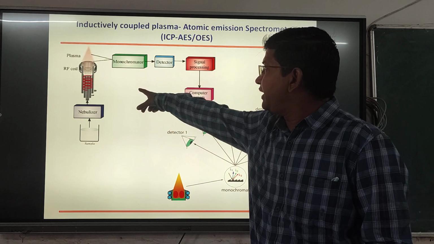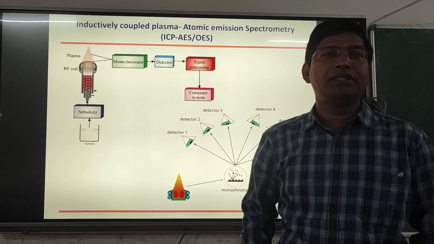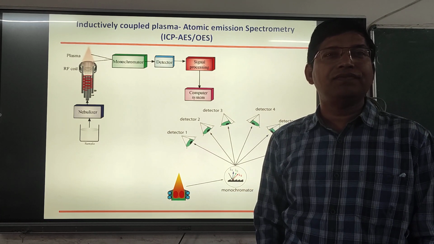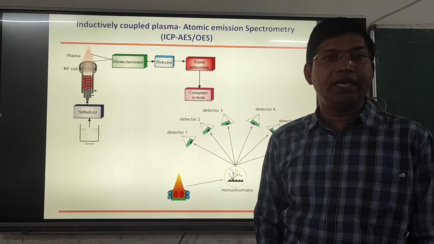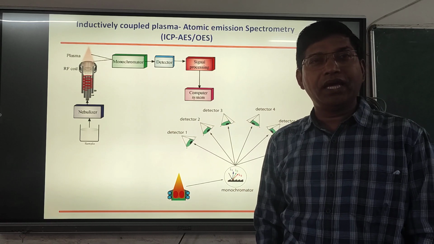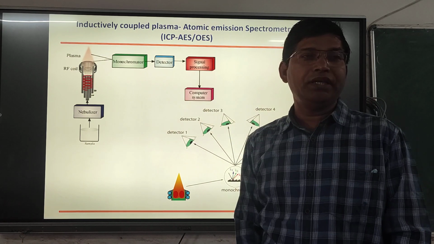And when this argon gas passes through this RF, there is ionization of the argon gas, and that argon gas will be ionized as Ar, as a neutral atom, or Ar plus, and also electrons, and also there will be neutrons.